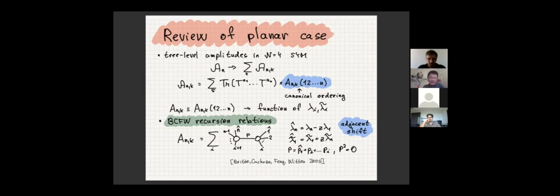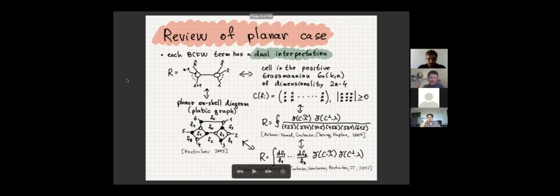What is usually done is the so-called adjacent shift, when we shift two adjacent particles in this ordering, let's say n and 1. First, this minimizes the number of terms which contribute in this sum. And second, the individual terms have a very nice interpretation. They preserve the planarity, they preserve this ordering, and many nice things happen then.